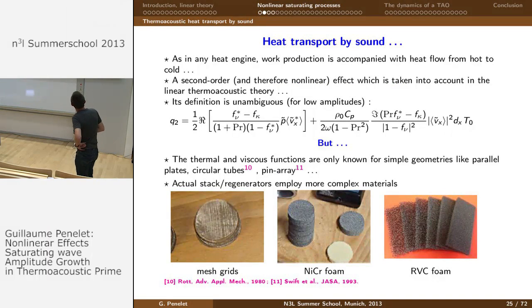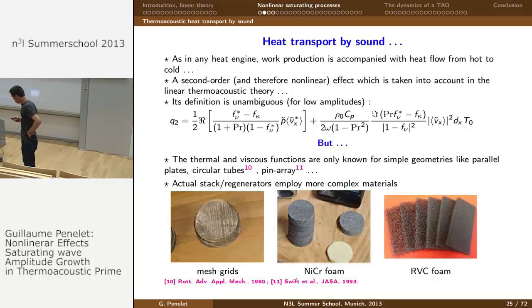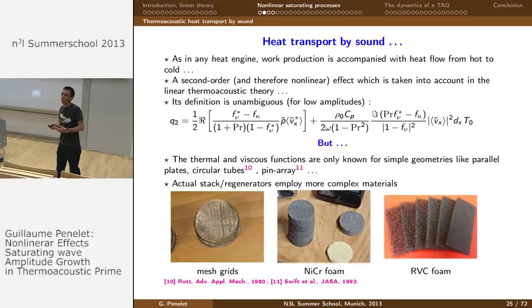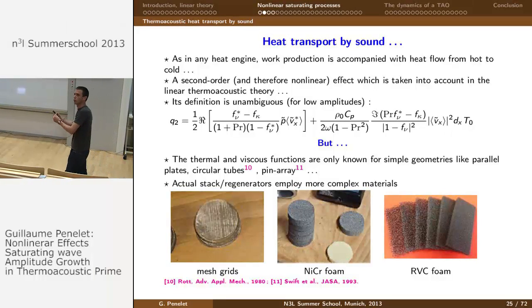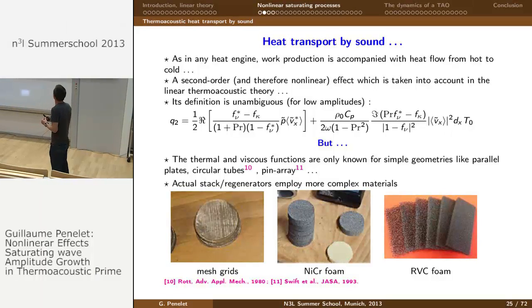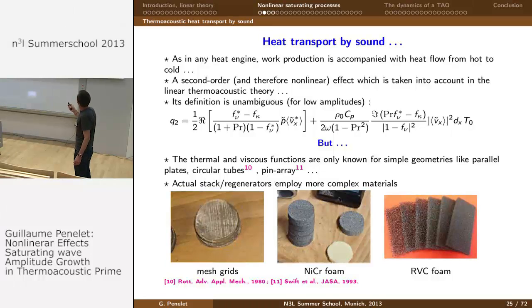So normally I should not need to discuss this effect because finally we know that in any heat engine the work production is always accompanied with heat transport from a hot heat exchanger to a cold heat exchanger. And the definition of this heat flux is clear. It is reminded in this expression. But things are not so simple.